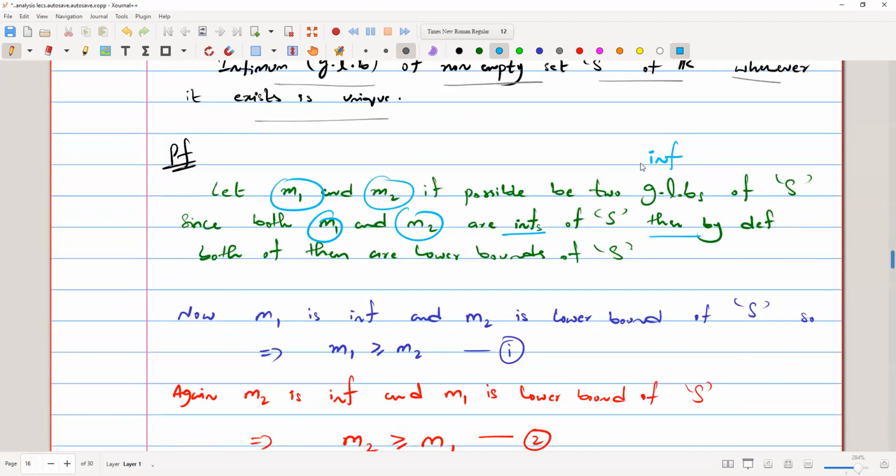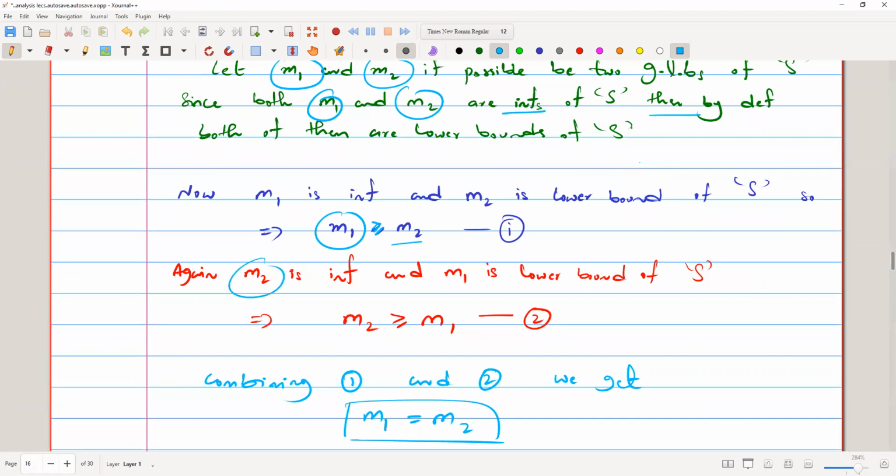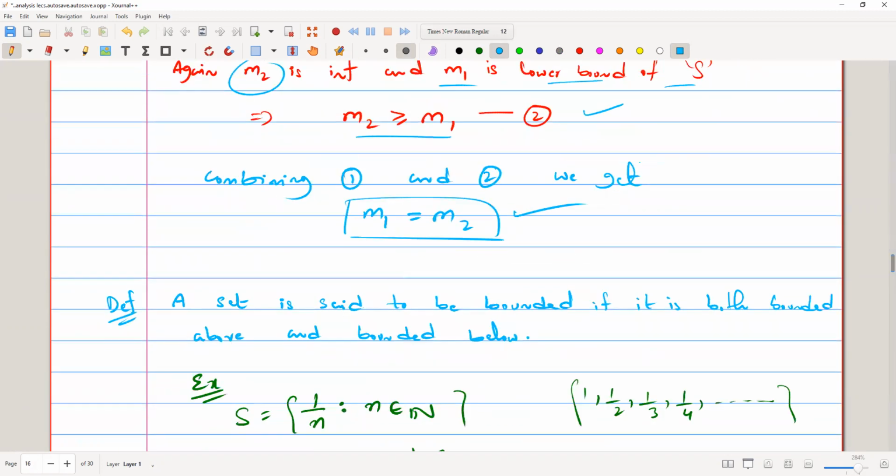By definition, if M1 is the greatest lower bound, then it is greater than or equal to the other lower bounds. So M1 is greater than or equal to M2; call it equation 1. Similarly, if M2 is the infimum and M1 is a lower bound, then M2 is greater than or equal to M1. Combining both equations, we get M1 equals M2. Therefore, the infimum is unique. So we have proved these results.